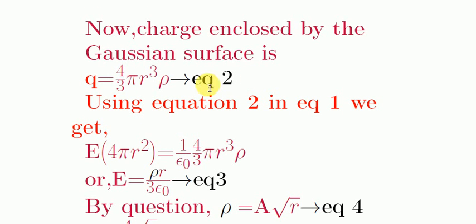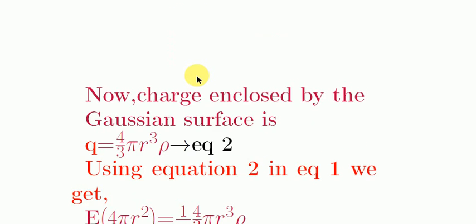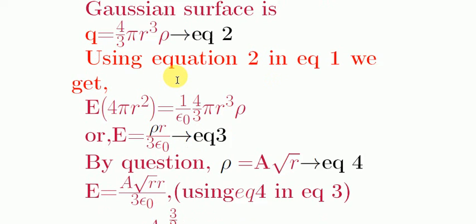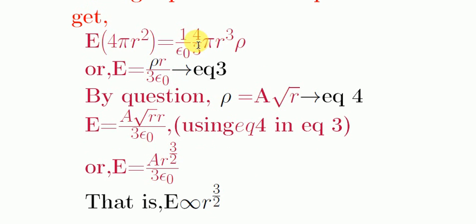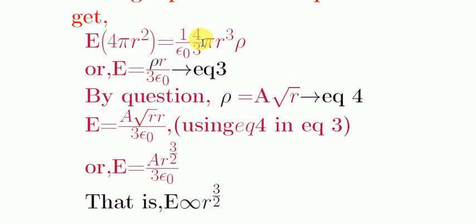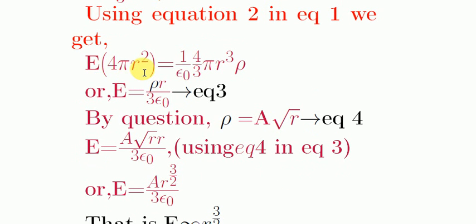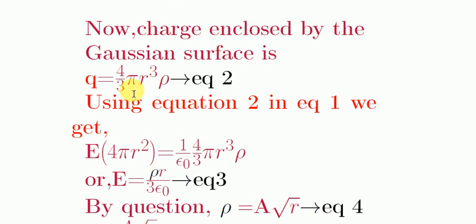Now if we use equation 2 in equation 1, in place of q we write 4 by 3 pi r cube times rho, so at the right hand side of equation 1 we have 1 by epsilon 0 times 4 by 3 pi r cube times rho, and in the left hand side we can easily write E times 4 pi r square, where r is the radius of the Gaussian surface and 4 pi r square is the total surface area of the Gaussian surface, which encloses the charge q.